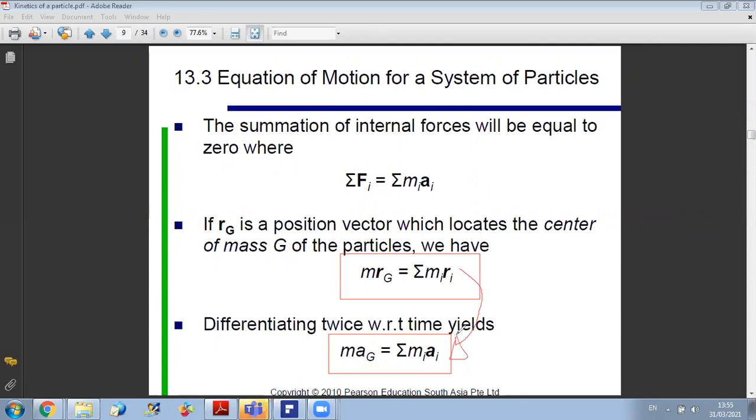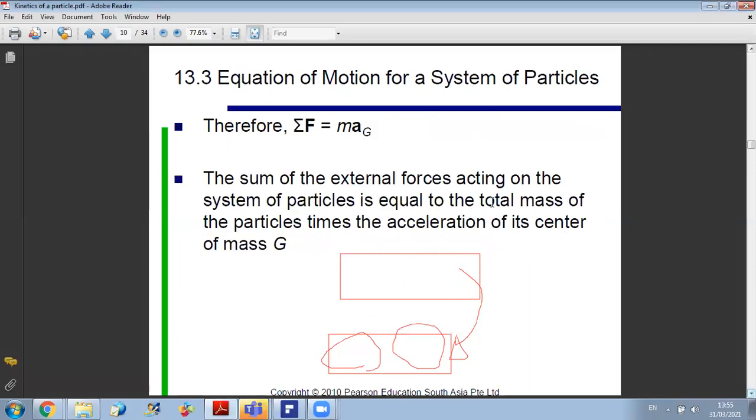This tells me that I can replace the sum of m_i a_i in Newton's law for my system of particles by the total mass of my system times the acceleration of its center of mass. So Newton's law, in summary, can be applied to a system of particles, and in this case the sum of forces will be equal to the total mass times the acceleration of the center of mass.